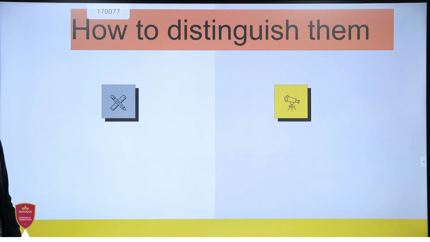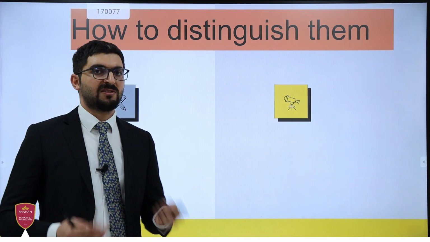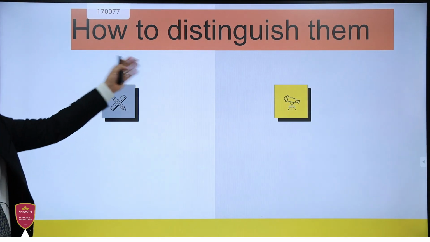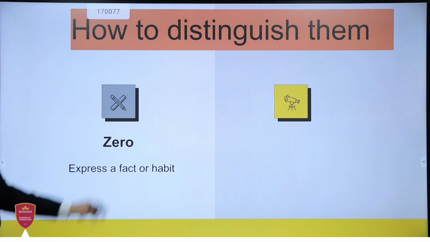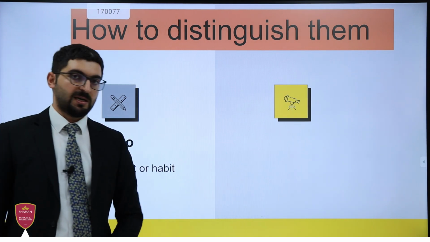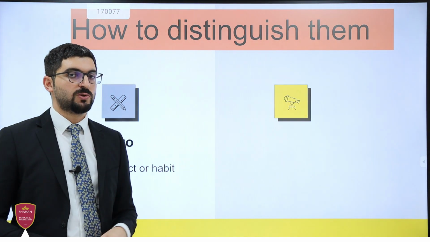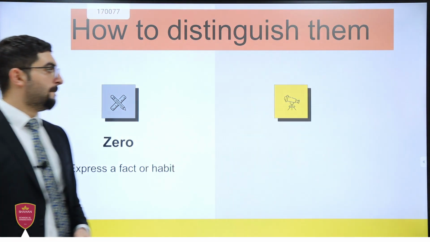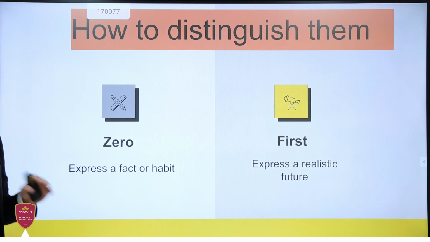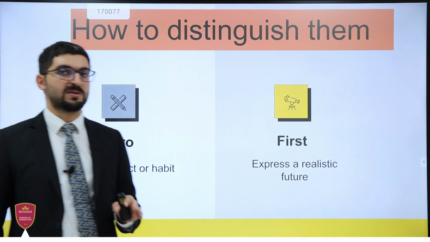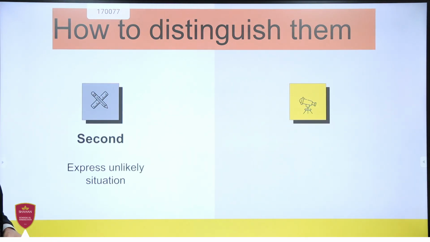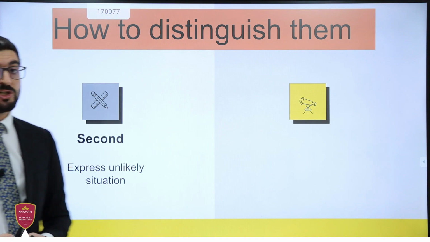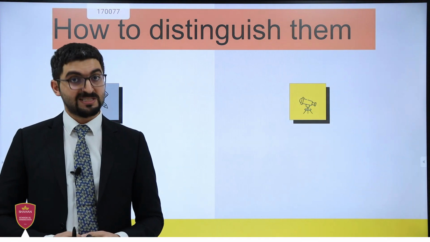So let's distinguish between the zero, first, second and third conditions, guys. Okay, the zero condition expresses a fact or habit, as we talked about in the beginning of the lesson, so we can use it for different situations. But the first condition expresses a realistic future. And the second condition expresses an unlikely or hypothetical situation.